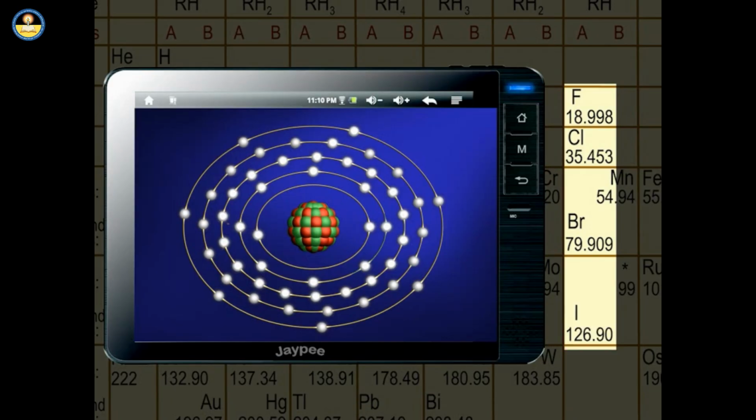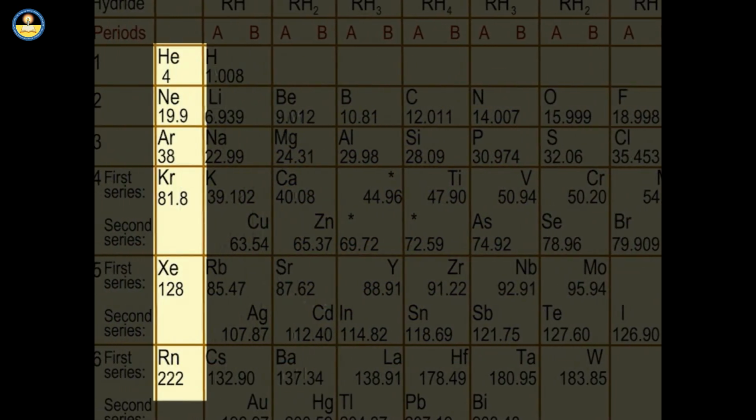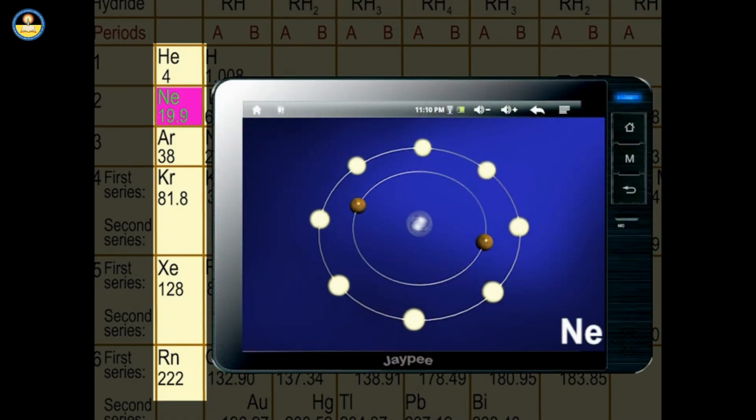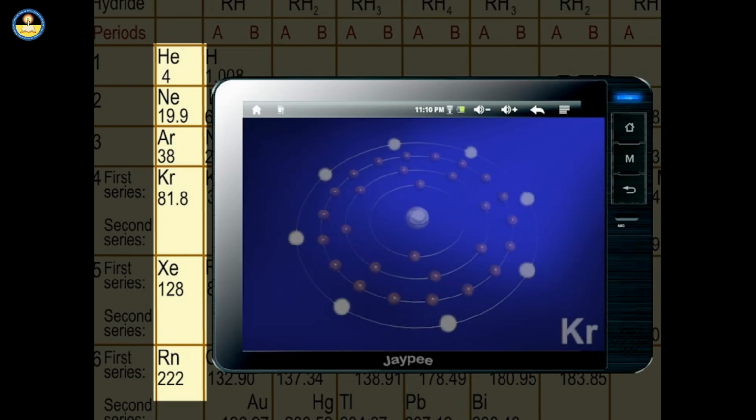In other words, like hydrogen, halogens also have 1 electron less than their respective nearest noble gases, which have 8 electrons.